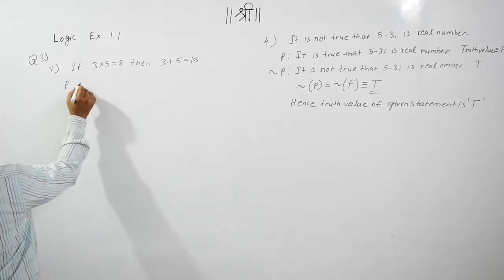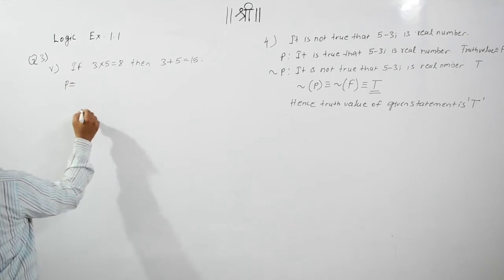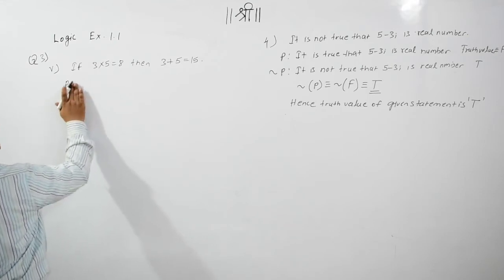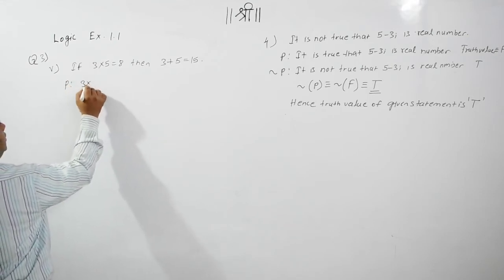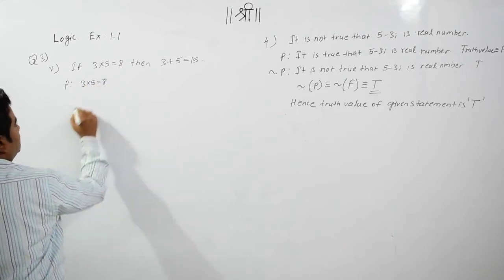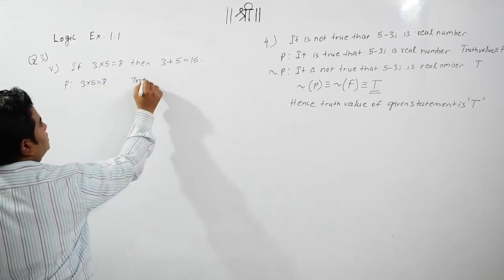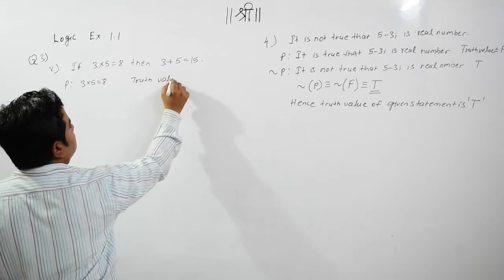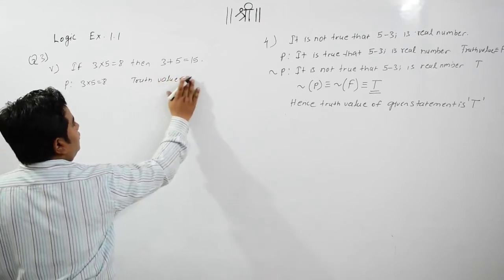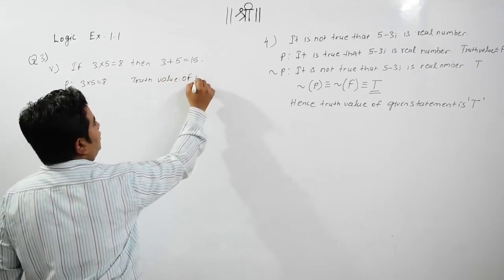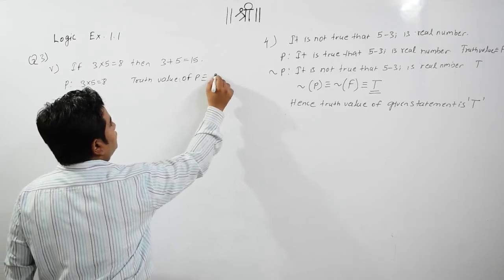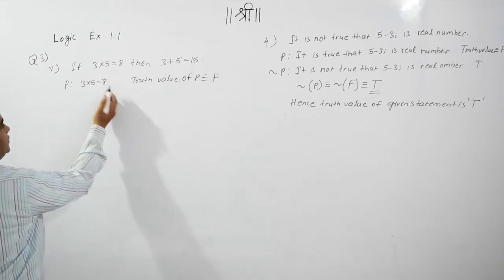So what should our P be? P is 3 into 5 is equal to 8. So the truth value of P is equivalent to false. We know that 3 into 5 is 15.